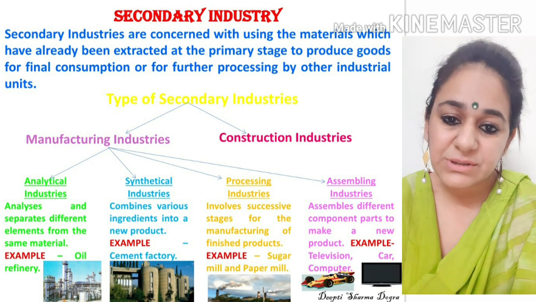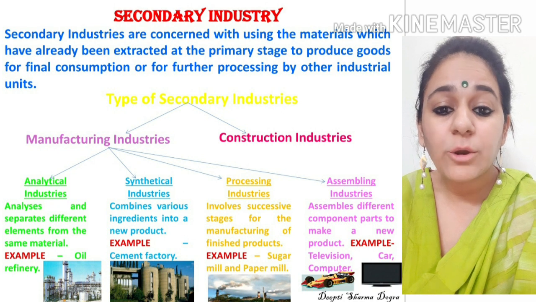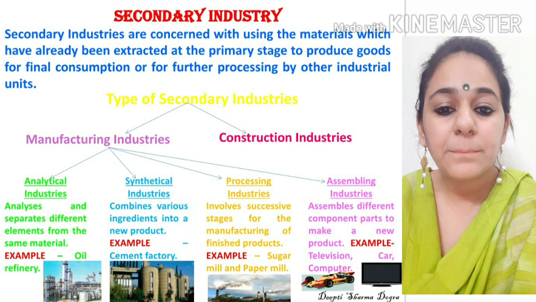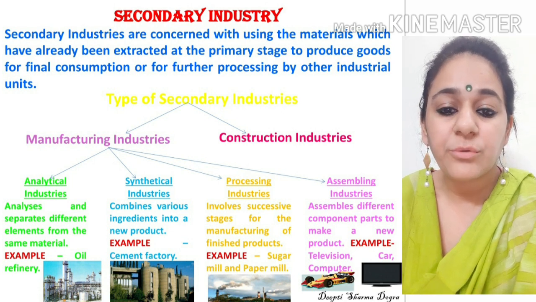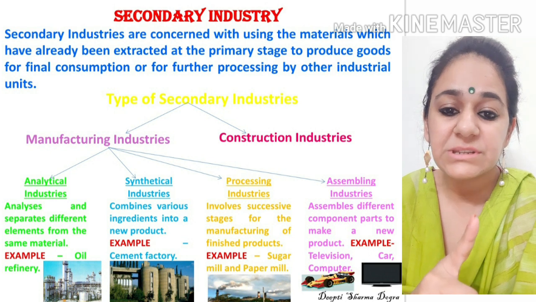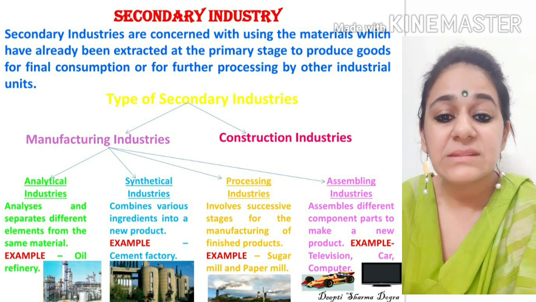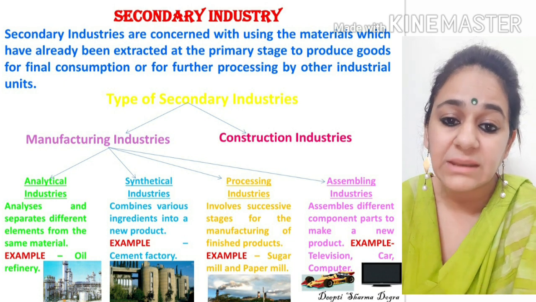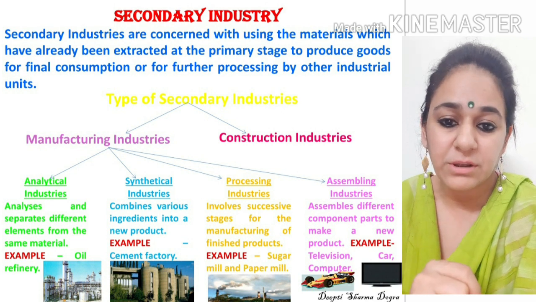Next is synthetical industry. Synthetical industry means combining of different ingredients to manufacture a single product, single material. जैसे analytical industry में what we do is एक single material से we separate many different useful products. But synthetical industry is just opposite of it. इसमें हम बहुत सारे different ingredients को mix करके एक final product बनाते हैं.